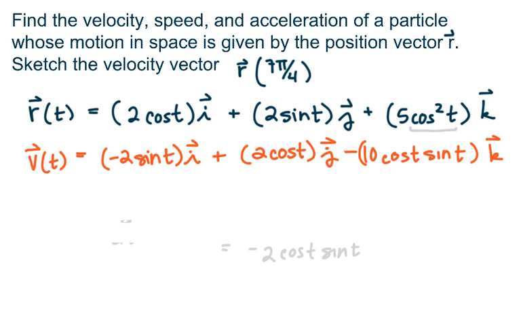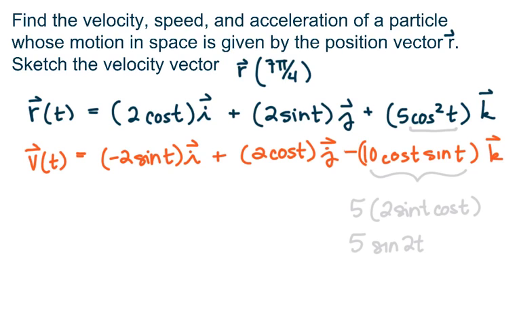And that last term we can simplify just a little bit, because this is 5 times 2 sine t cosine t. And we know by some of our trig identities, this is the sine double angle. So this is the same as 5 sine of 2t. I'm really just doing that simplification now so that it will be easier to take the derivative than up here, where I'd have to use the chain rule and take the derivative twice.